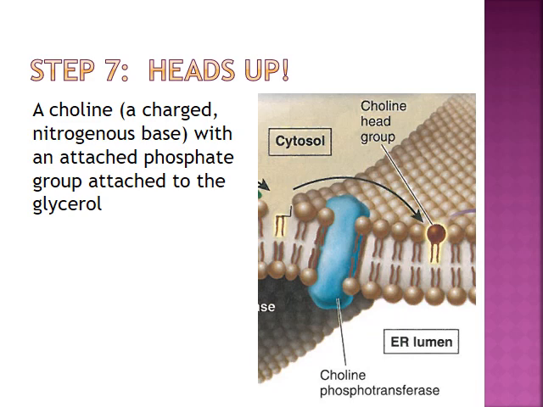Next, insert into the smooth ER, into the membrane. Okay, then remove the phosphate. And then add a choline head. Any questions?